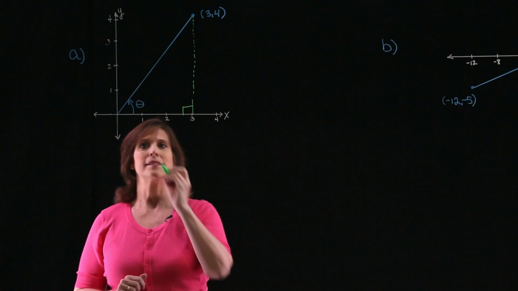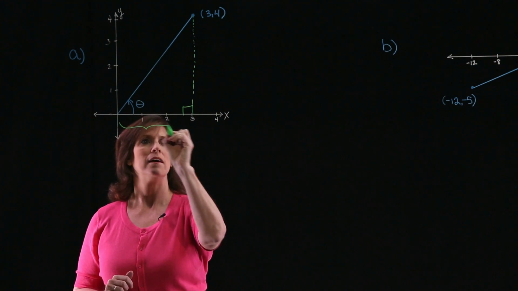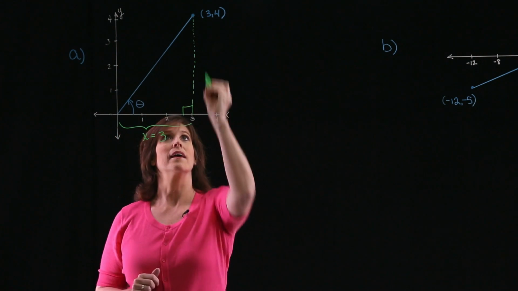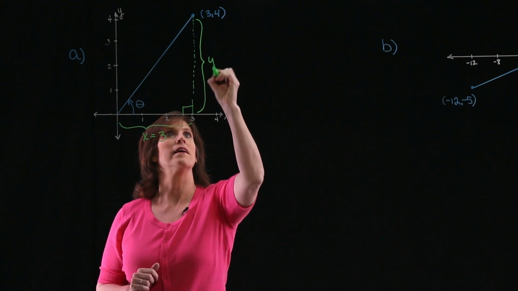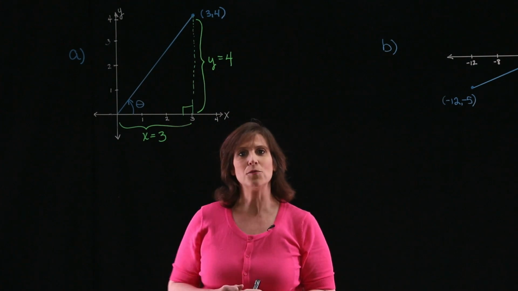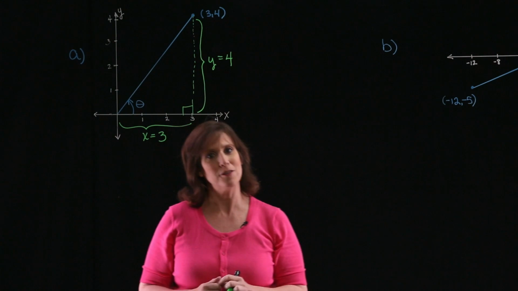This side of my triangle, which is the x-coordinate, has length 3. This side, which is the y-coordinate, has length 4. Because it's a right triangle, I can use the Pythagorean theorem to figure out the hypotenuse.